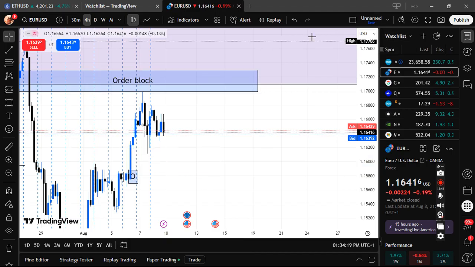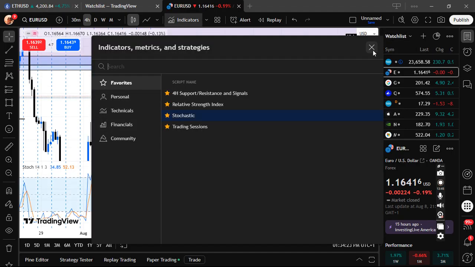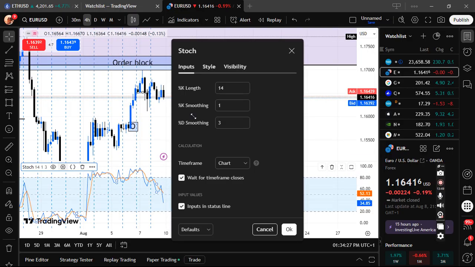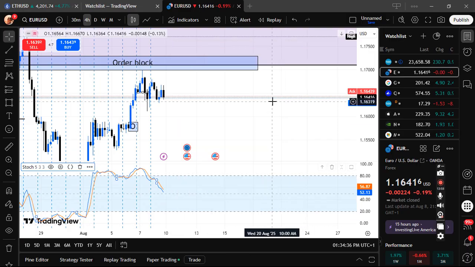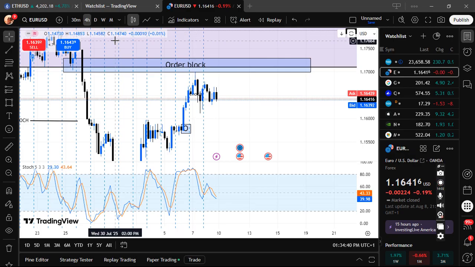I'll be looking at these indicators, and this indicator I want to be looking at, let me show you. So I'll set it to 533. I'm setting this indicator to 533, and why I set this indicator to 533 is based on a particular reason.